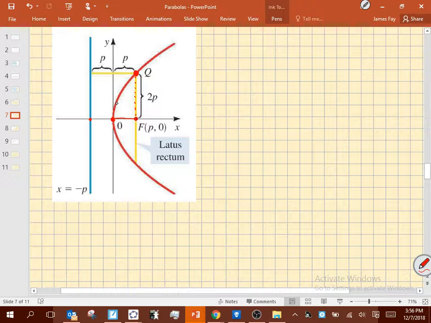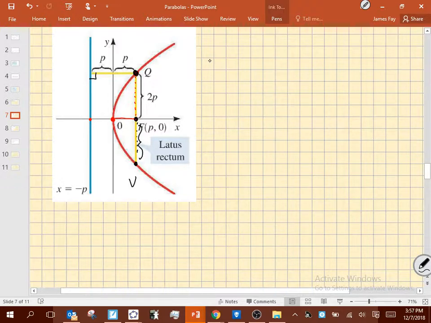So if that's p and that's p, that distance is 2p, this here has to be 2p. That means this here has to be 2p. So this yellow line that's going through here goes through point Q, starts at point Q, goes through our focus, and ends at this point. Let's just call that point V. That segment there is called the latus rectum. And the latus rectum, if that distance is 2p, that distance is going to be 2p because of symmetry for parabolas.